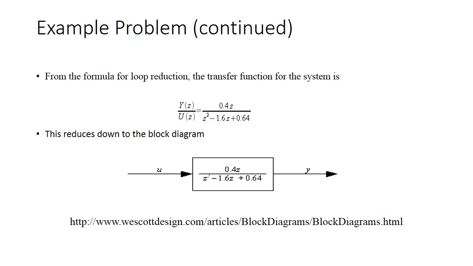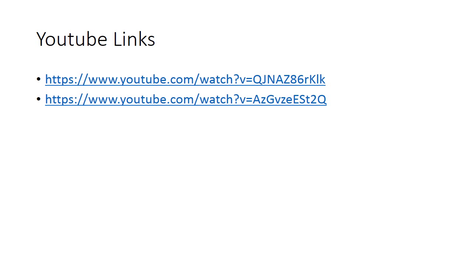What this is showing you is the different transfer functions as they're broken down into their simplest form. So you can take a really big complex problem, and if you keep breaking it down and putting the loops together, you come up with these different transfer functions.